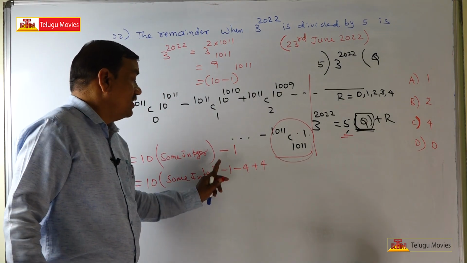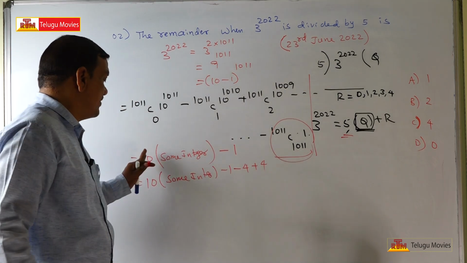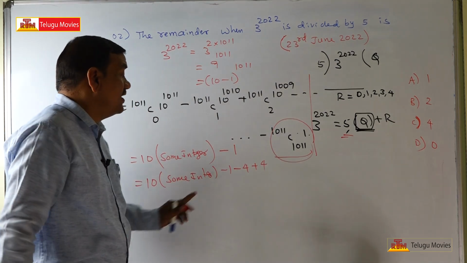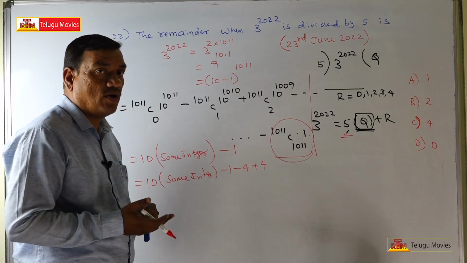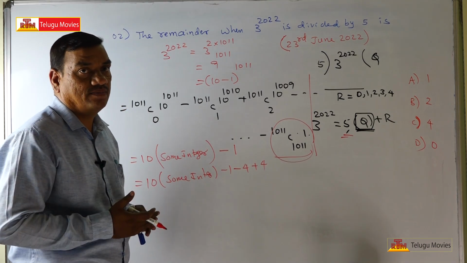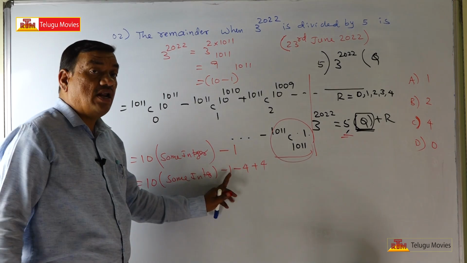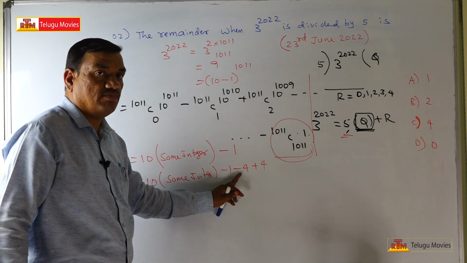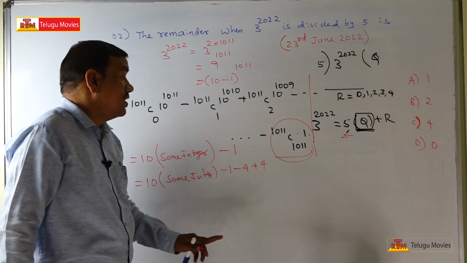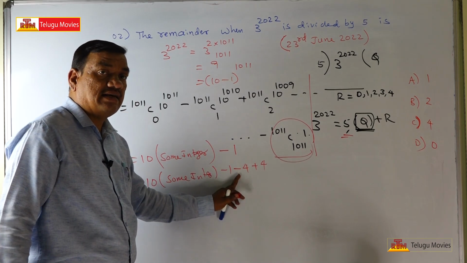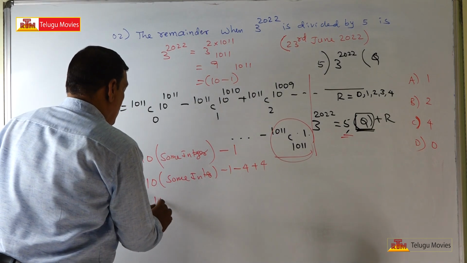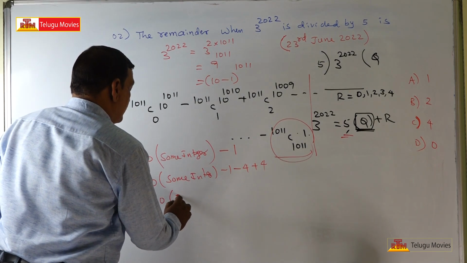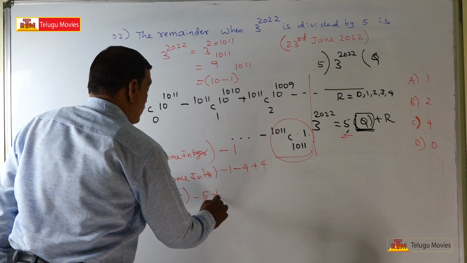If you want to take 5 common outside, the minimum value should be either minus 5 or plus 5 or plus 10 or minus 10 like that. Minus 5 should come, that's why I added and subtracted 4. So this is equal to 10 into some integer minus 5 plus 4.